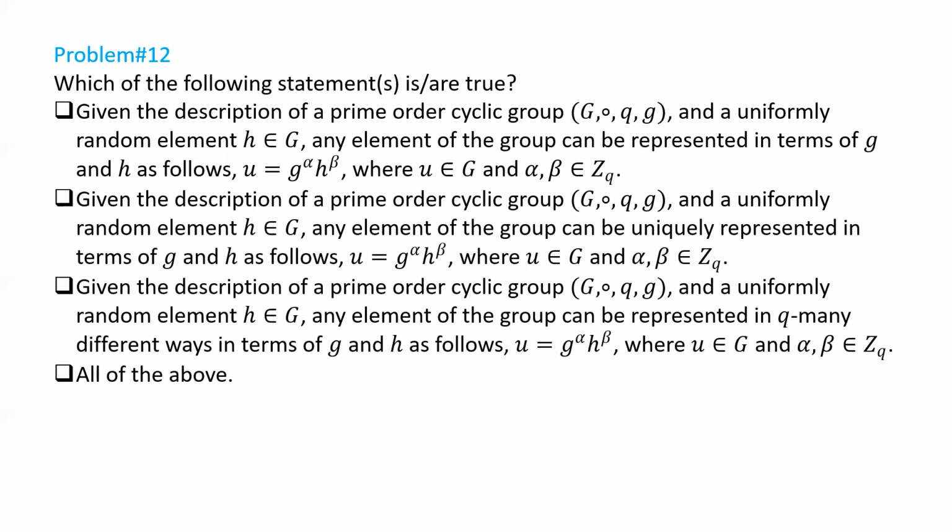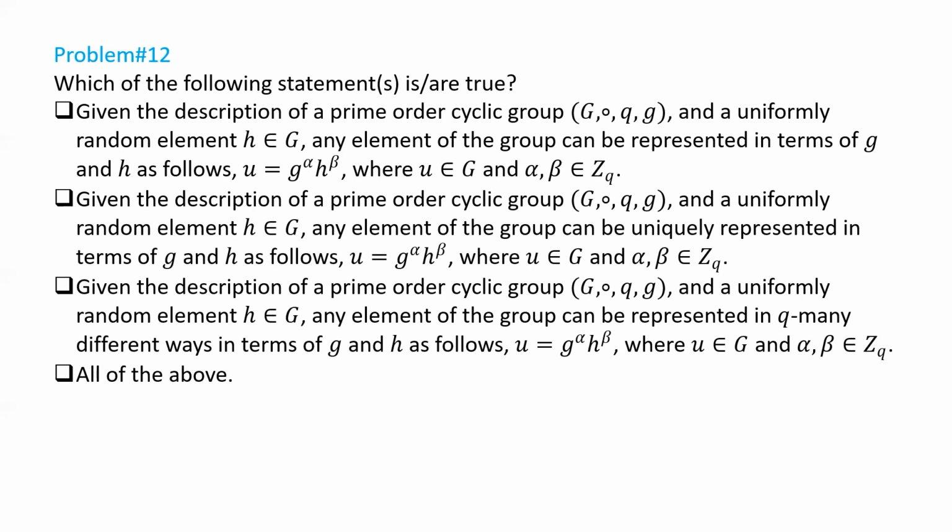Now you can think of just changing the value alpha to some other value alpha dash. Okay, you can do that. Now you have some fixed value G to the power alpha dash, right? Now, is it possible to have some beta dash such that U is equal to G to the power alpha dash and H to the power beta dash?